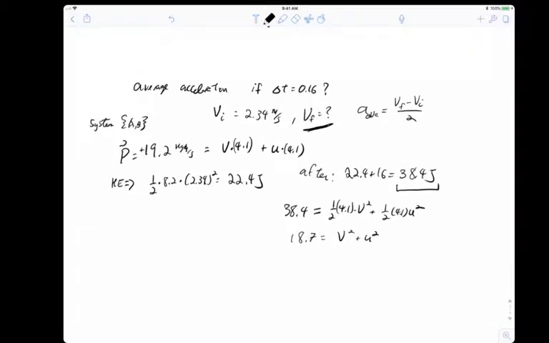This is the energy equation. And then the momentum equation goes 4.68 is equal to v plus u. Okay. And now we need to solve these algebraically.